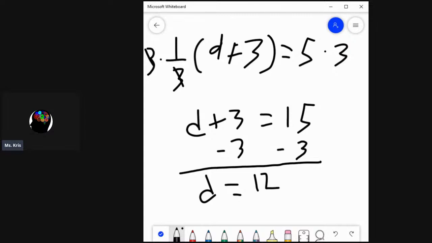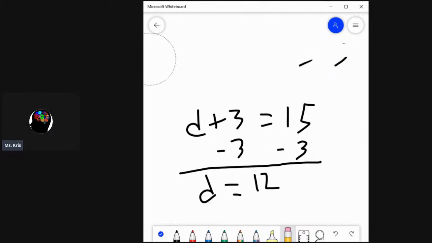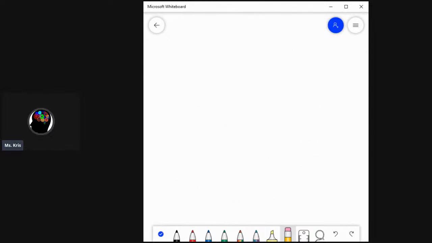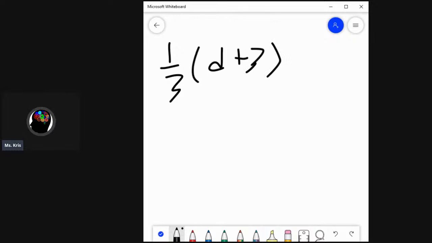Now, I can go back and show you the long way of this equation, which would have looked like 1 over 3 times (d plus 3) equals 5.